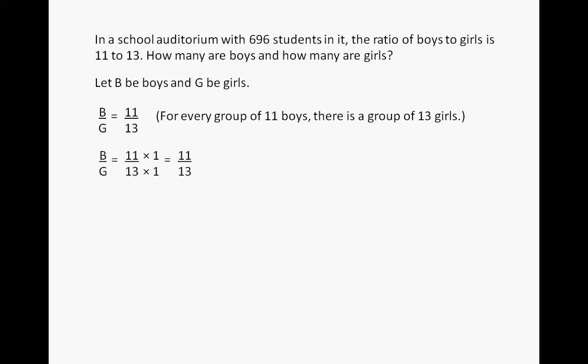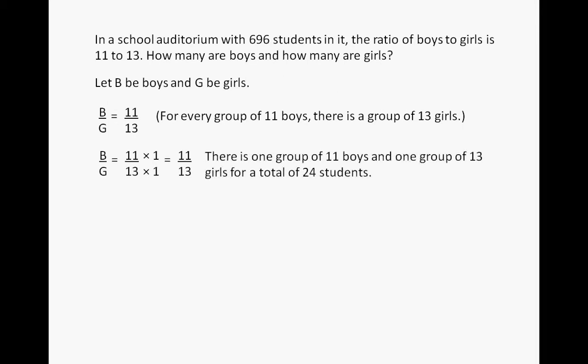So we can also say that using the equivalent fraction theorem, there is one group of 11 boys and one group of 13 girls. But if we add those together, 11 plus 13, we have a total of 24 students. So that's something important to understand also.